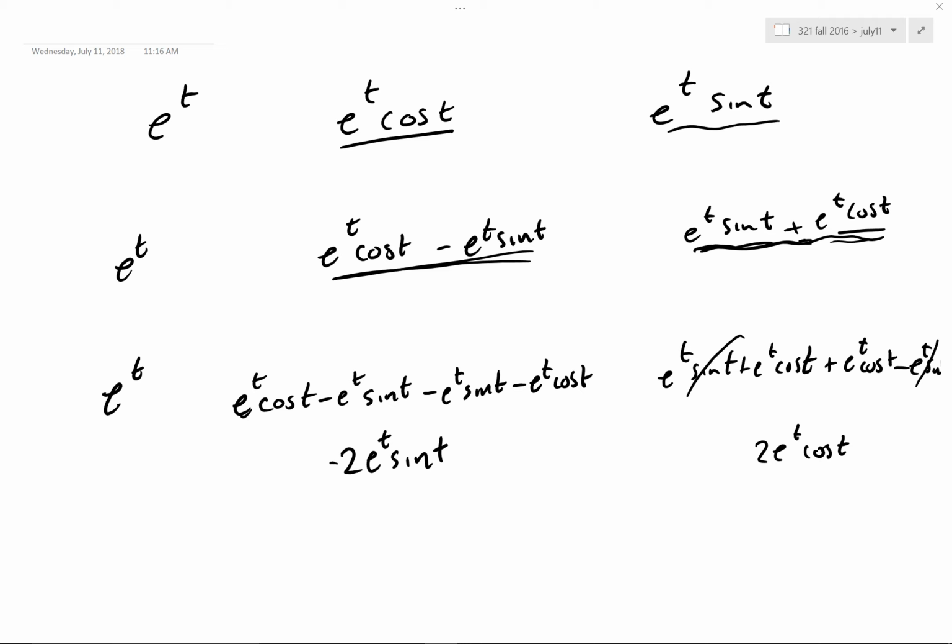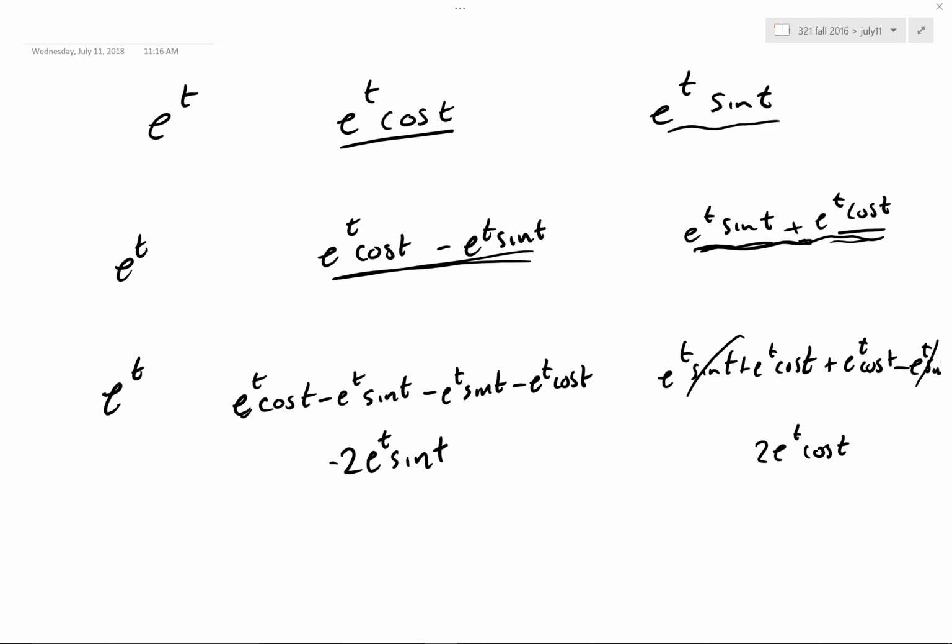I guess I'll go across the top. So minus e to the t cosine t, and then e to the t, e to the t sine t, t cosine t.